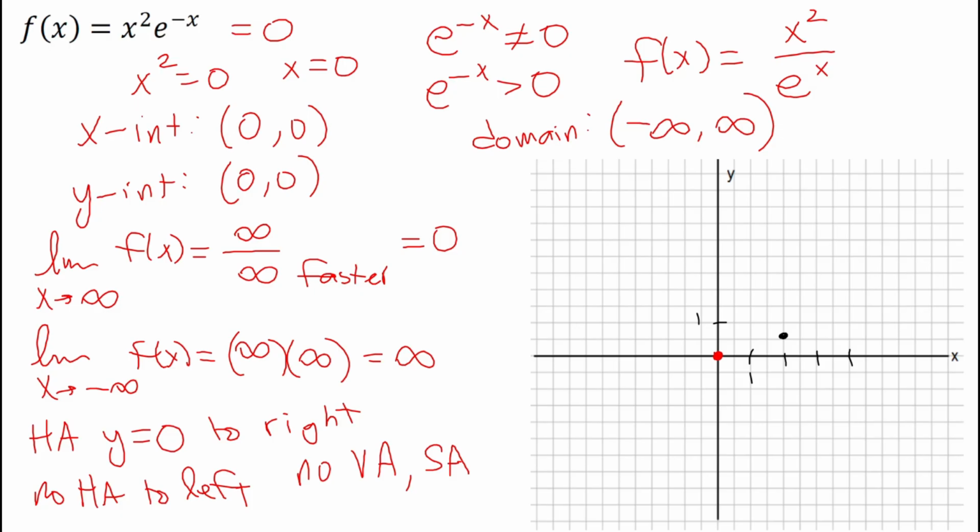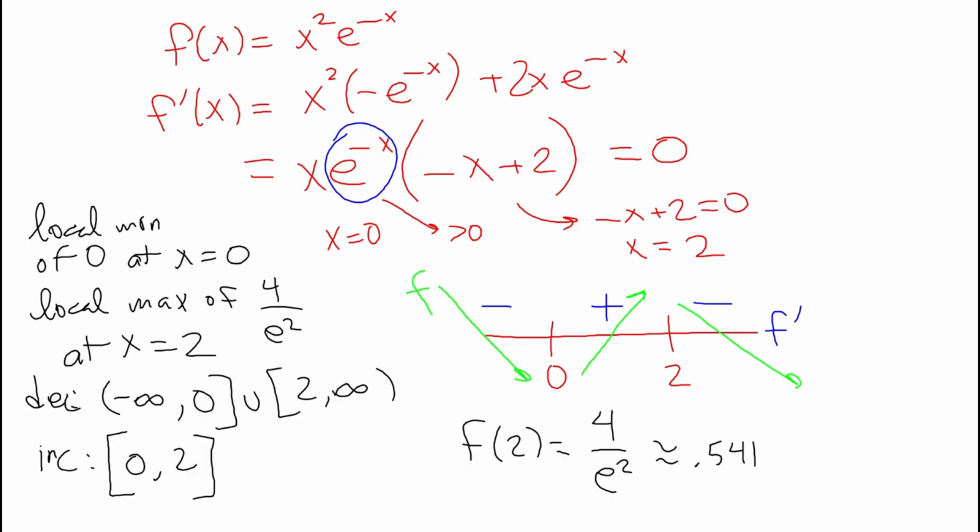And now we will go ahead and work with our second derivative. Our first derivative was equal to negative x squared e to the negative x, and then we also had a plus 2x e to the negative x.